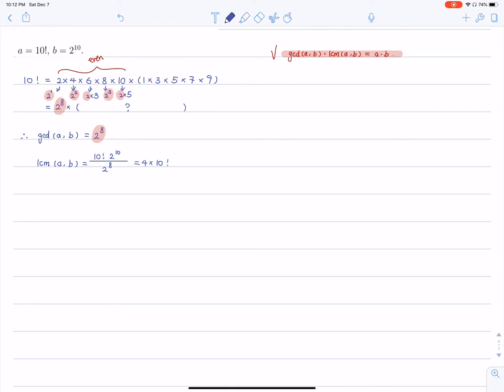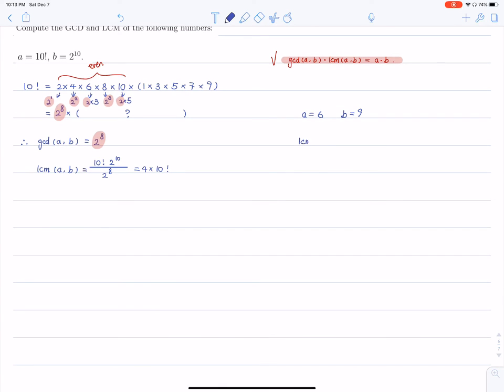What I mean by that, for example: A equals 6, B equals 9. What is the least common multiple? How do you find this? Well, A equals 2 times 3, B equals 3 to the power of 2. Now you know that 3 to the power of 2 is 3 times 3.